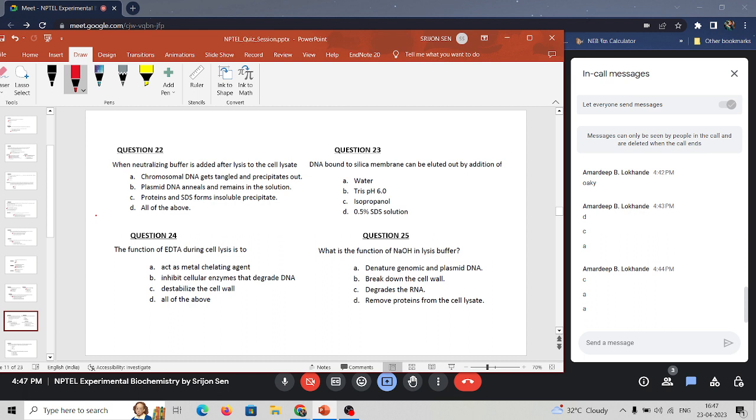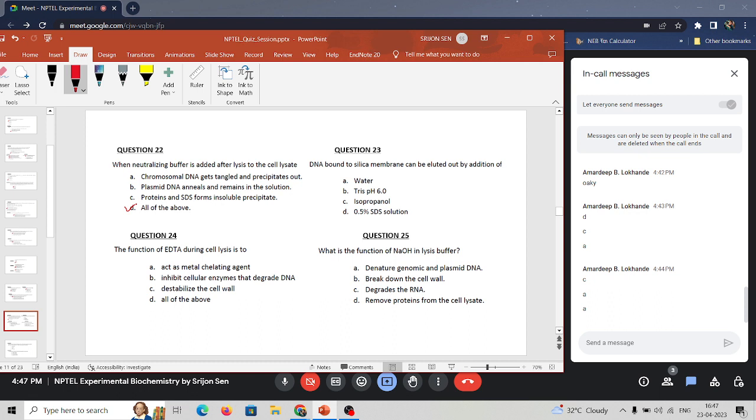So that is also responsible for tangling your chromosomal DNA and precipitating it out. And finally your proteins and SDS forms the insoluble precipitates and moves out of the solution. So all of the three options are correct. So 22D. So first thing is that the chromosomal DNA gets tangled and precipitates out. Your plasmid DNA anneals and remains in the solution, and your proteins and SDS forms insoluble precipitates.